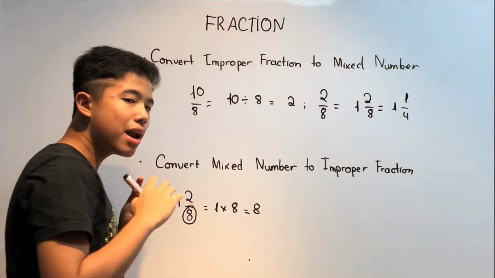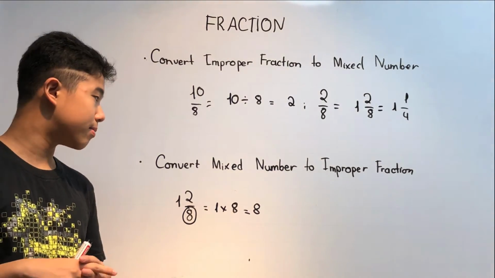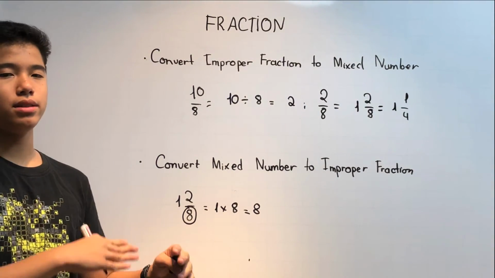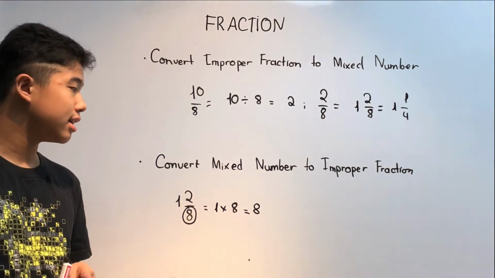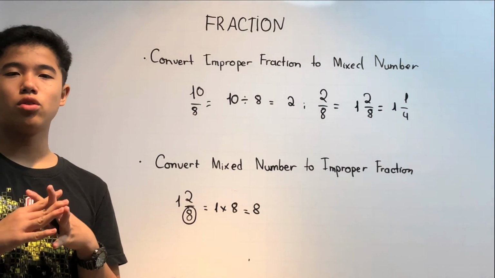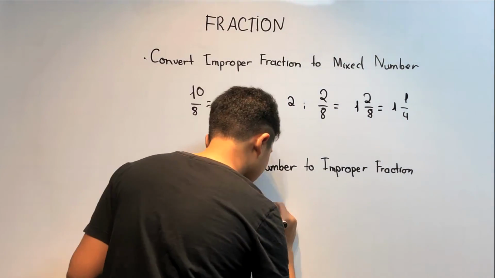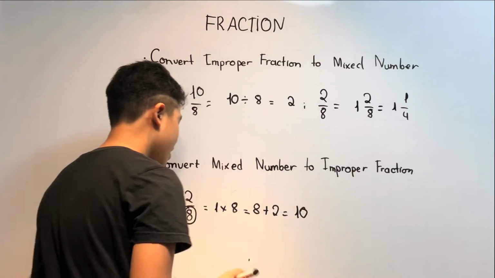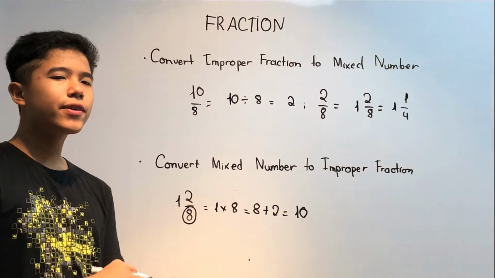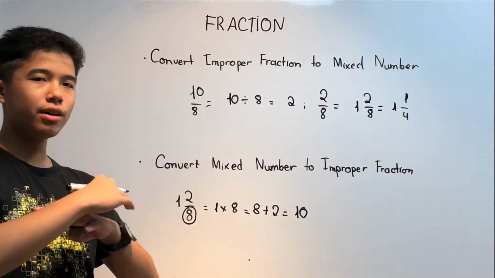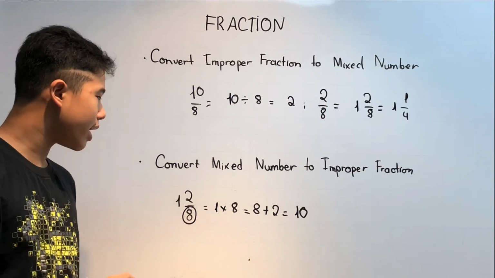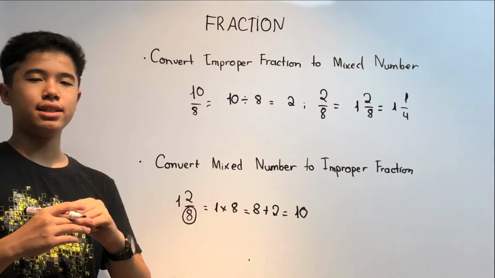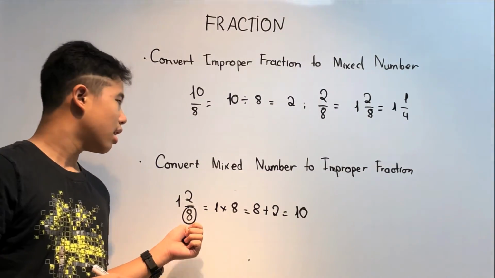And then plus the numerator. Please remember, times the denominator and plus the numerator. 8 plus 2 equals 10. And then the next thing you must do is put 10 as the numerator and 8 as the denominator.